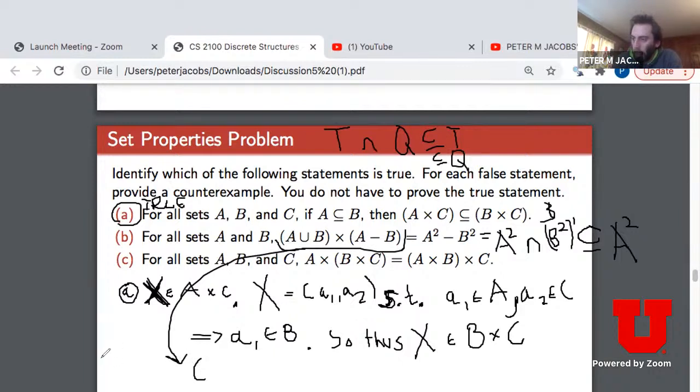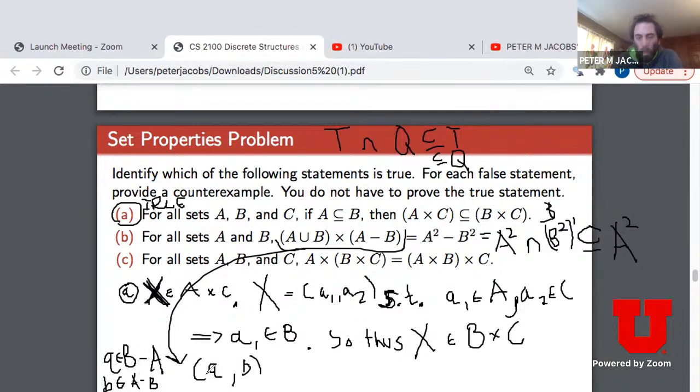Let's call that element Q. So Q is in B minus A. Therefore Q is in B, and it's also not in A. Now, if there is an element in A that's not in B, let's call that element little b. So little b is in A, but it's not in B.